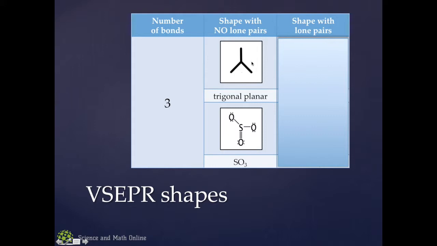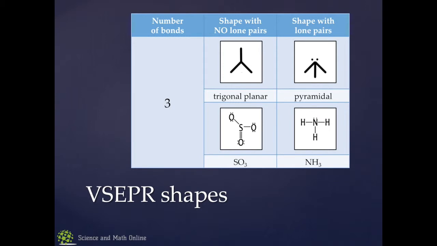All right. Now, if I have 3 bonds and a lone pair, things change. Because that lone pair is going to come in and, instead of being flat like this, the lone pair is going to push them down into a tripod-like arrangement. And when they're in a tripod-like arrangement, we call that pyramidal.